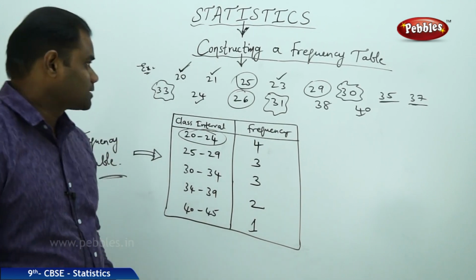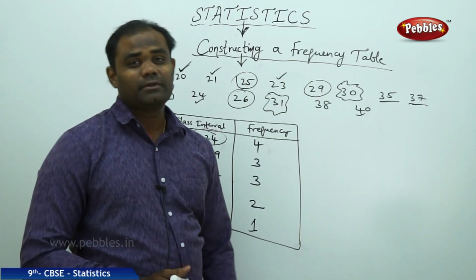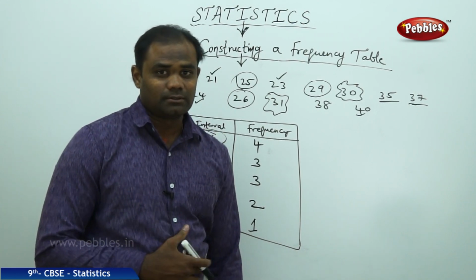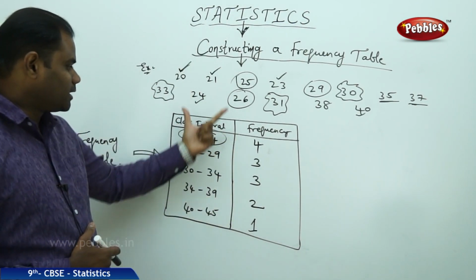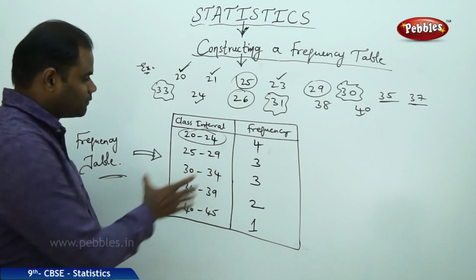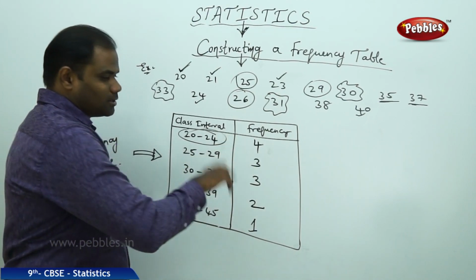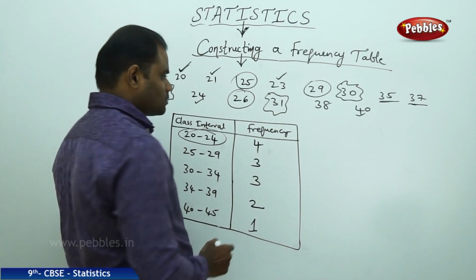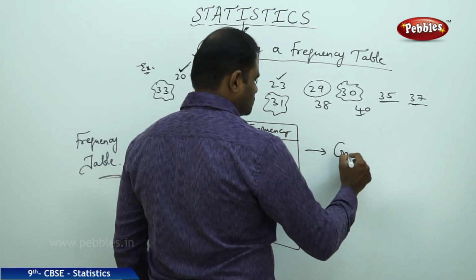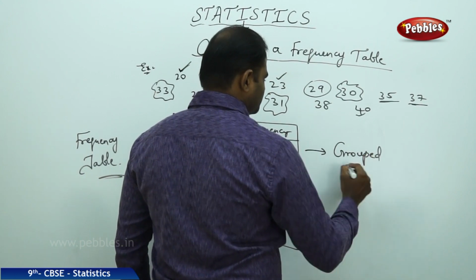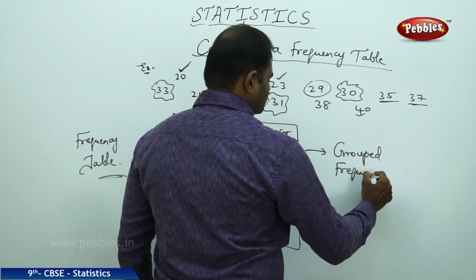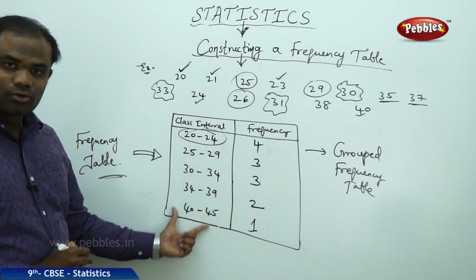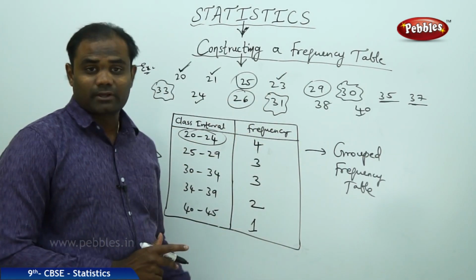Now that we have discussed how to construct a frequency table, there are two types of frequency tables which can be constructed. This example problem which I have taken has been divided into different groups, and hence we got a grouped frequency table. It is called a grouped frequency table because each of the marks are grouped and hence their frequencies are calculated.